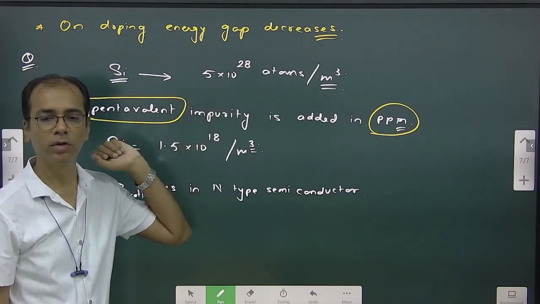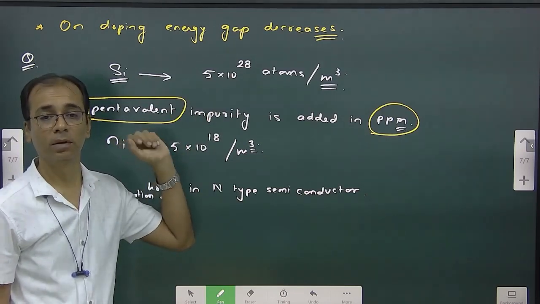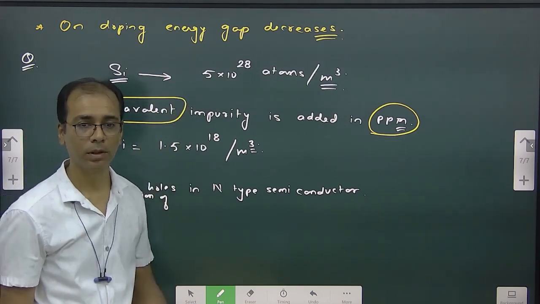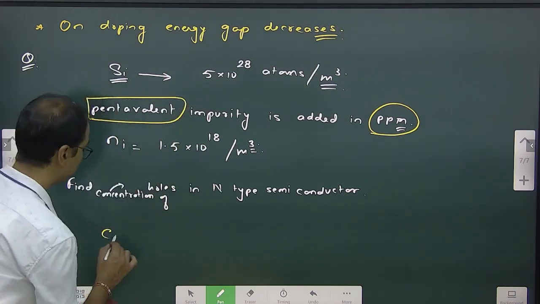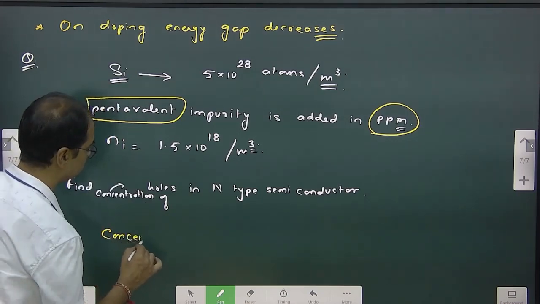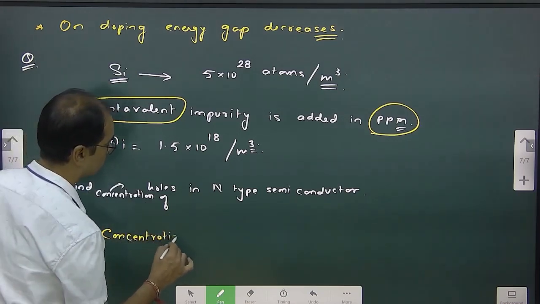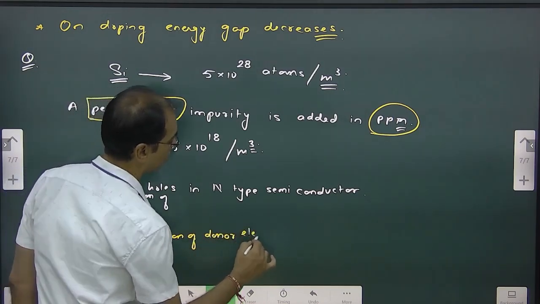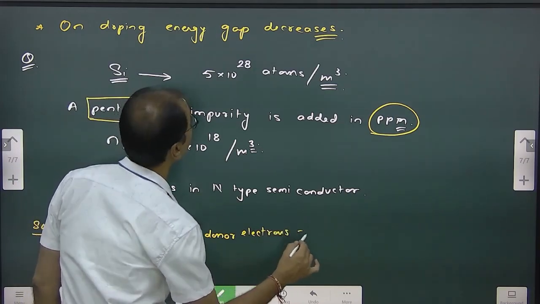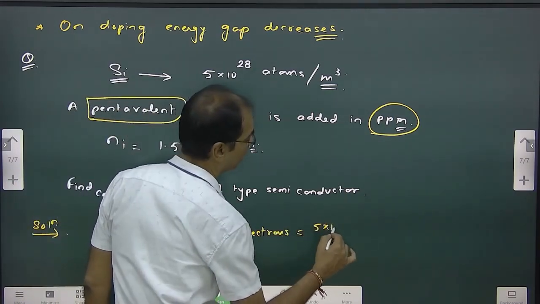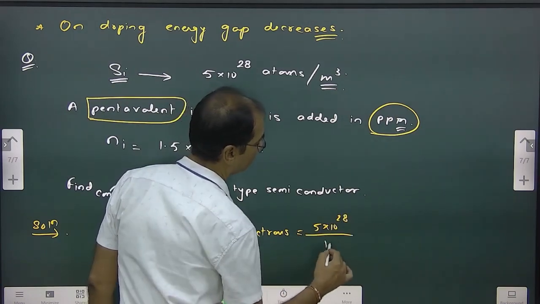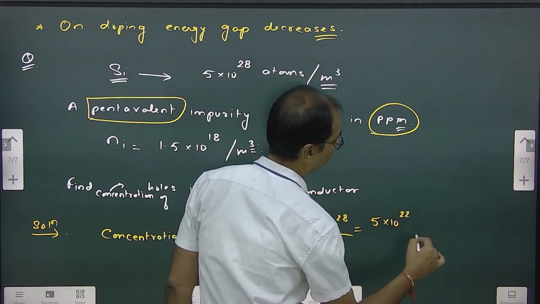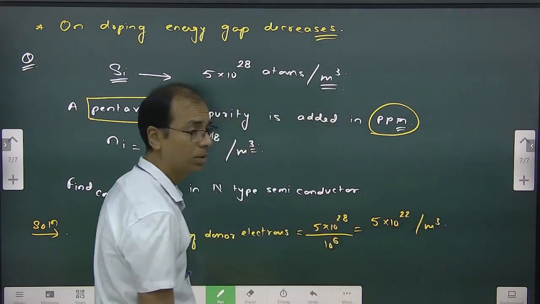There are 5 into 10 to the power 28 atoms, so we added 5 into 10 to the power 28 by 10 to the power 6. So the concentration of donor electrons is 5 into 10 to the power 22 per cubic meter.